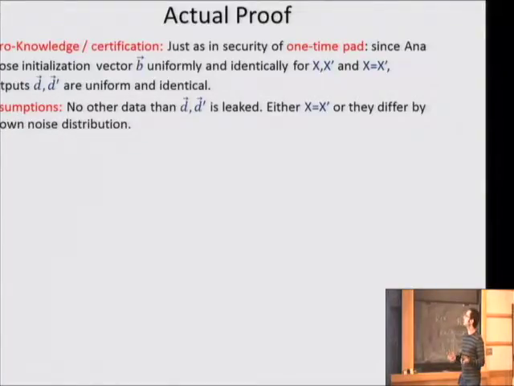And you need to assume, which is related to what Shachar was saying, that either x equals x prime, or they differ by some known noise distribution, or you have to do other tricks. So you subsample, you don't measure all the detectors, because in some sense you might get some information. If x and x prime do differ, you will not just learn that they're different, you will learn where they differ.